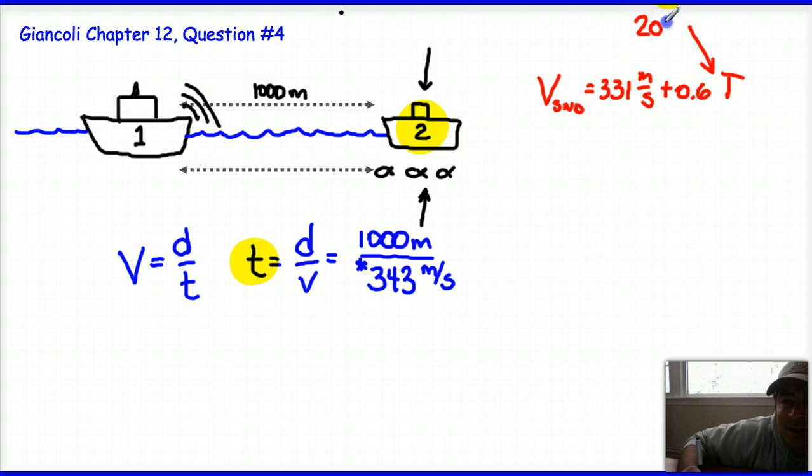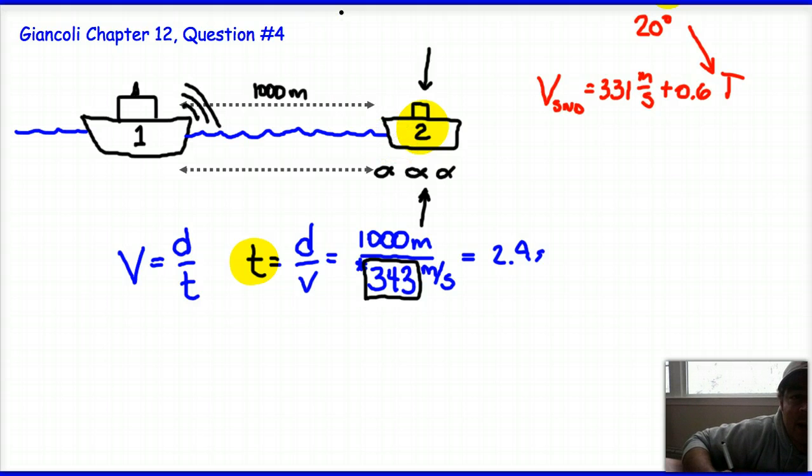At 20 degrees Celsius, which is about 68 Fahrenheit, that yields that number 343 meters per second here. So that's the number that I'm going to use. You'll also see 340 used quite regularly. So here we get 2.9 seconds. So the fishermen hear this 2.9 seconds later.